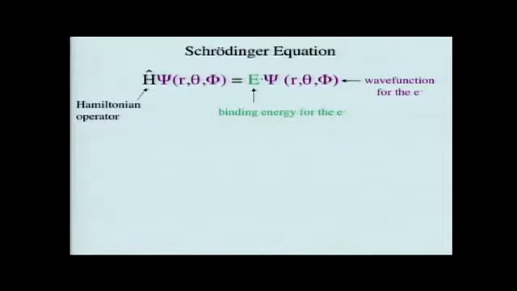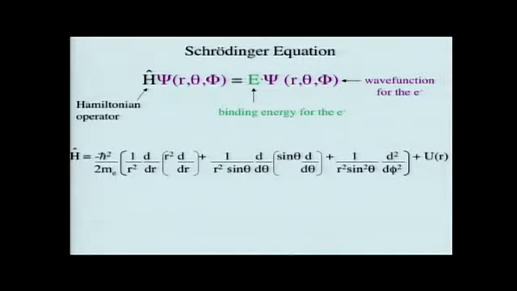In terms of the Schrödinger equation, we now can write it in terms of our polar coordinates here. So we have the operation on the wave function in terms of r, theta, and phi. And remember, this E is just our binding energy for the electron, and we get back out this wave function. So you might ask, this looked pretty simple up here, right? Just with that H hat. It turns out we can write it out fully.